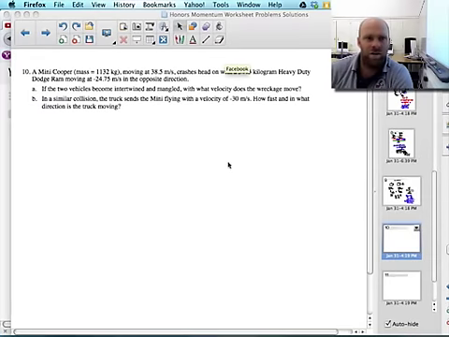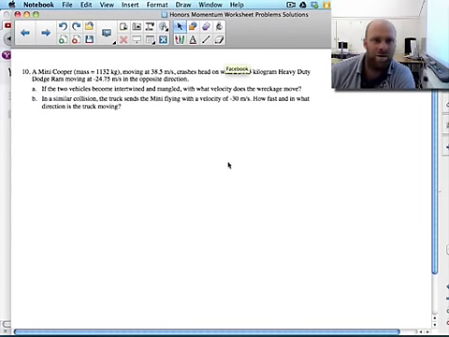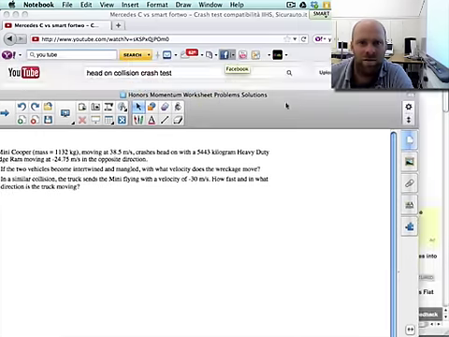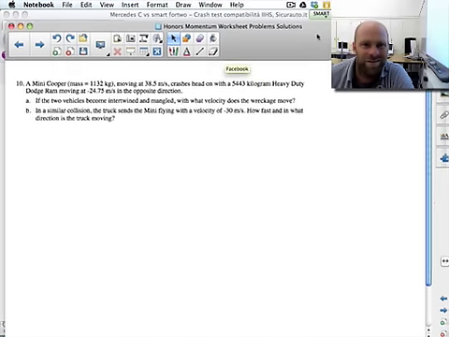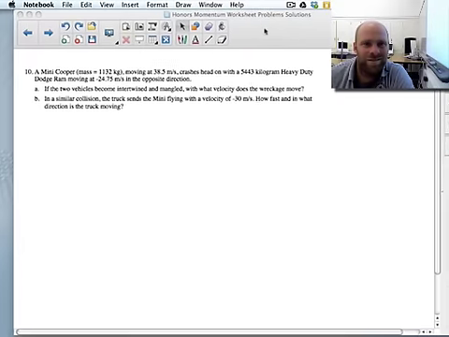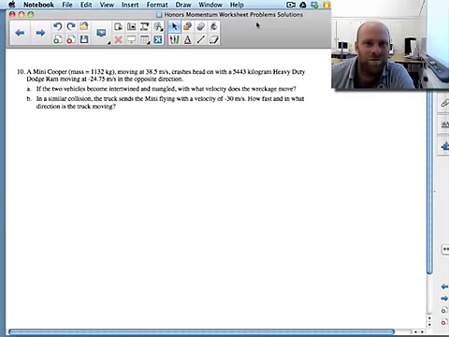So let's go to your worksheet. This problem with the Mini Cooper with a mass of 1132 kilograms is moving 38.5 meters per second, which is probably about 60, 70 miles per hour.